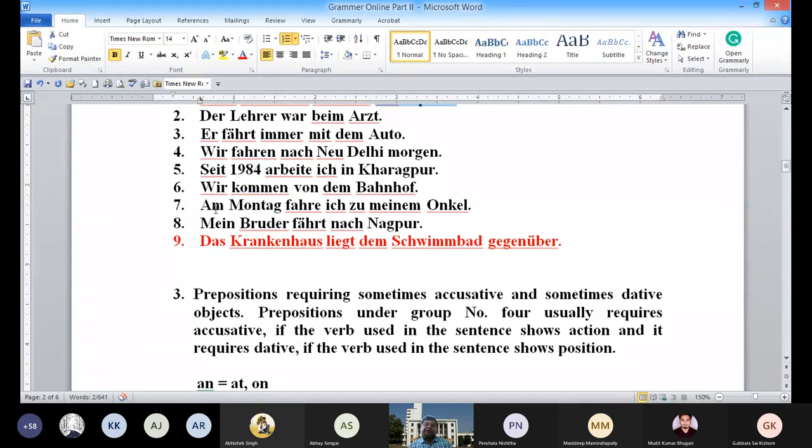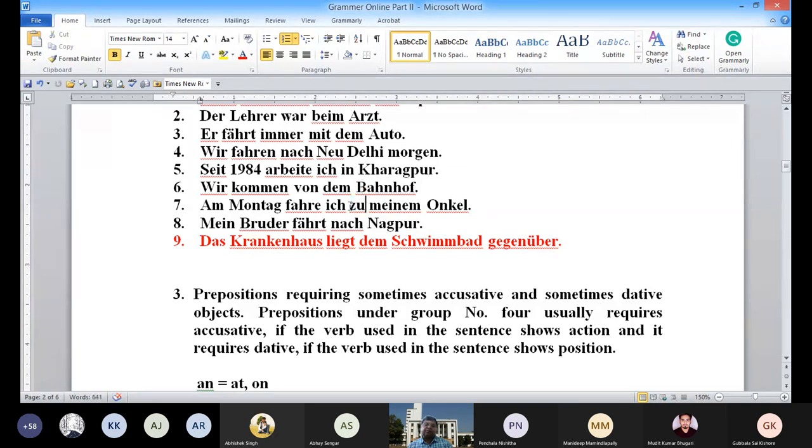Am Montag fahre ich zu meinem Onkel. Zu means to. So this is the basic difference between nach and zu. Nach means to, and after nach generally the name of a town, city, or proper noun should come, and after zu other things, meaning other than proper nouns. Like if you are going to your uncle, to the swimming pool, to the station, to the hospital, etc. In all such cases, zu will come.